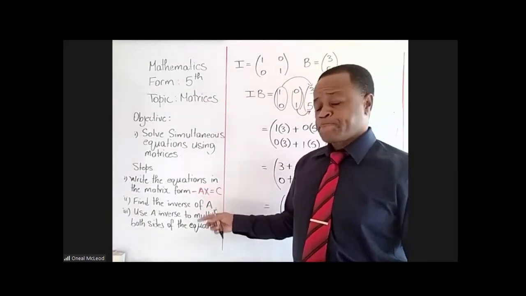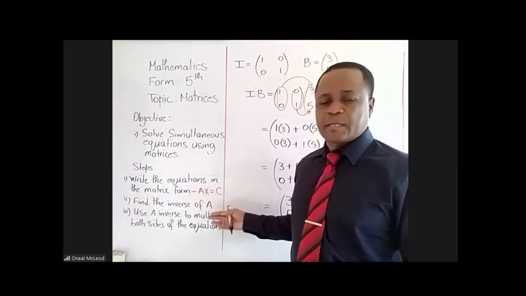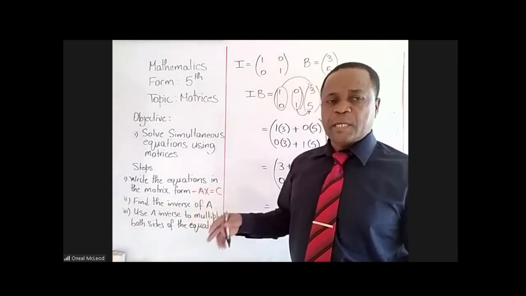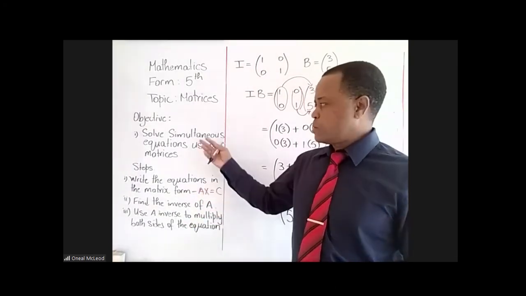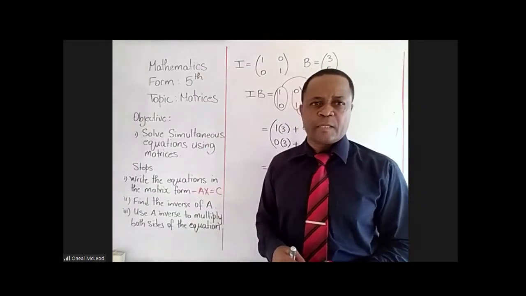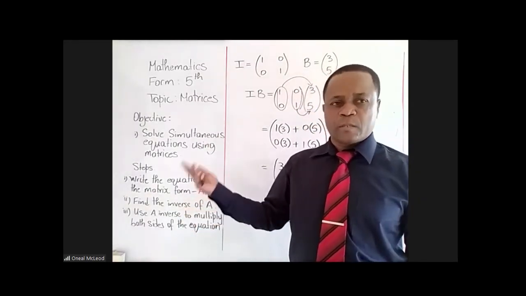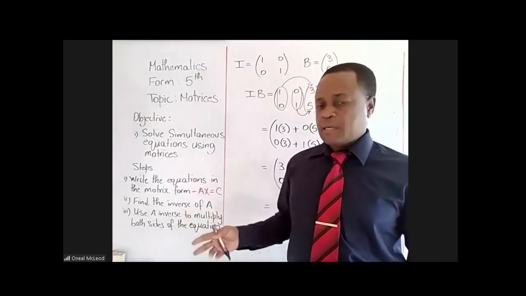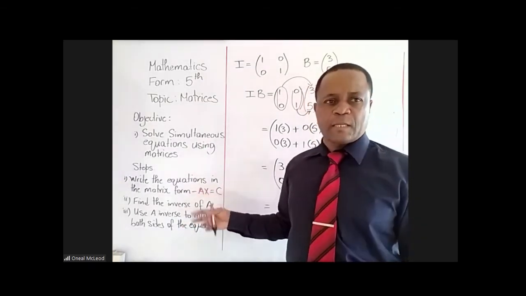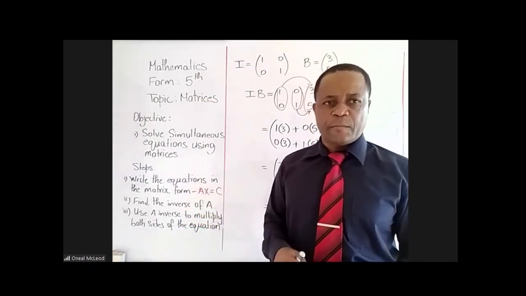Now, there's nothing so special about these letters because they could change them. They could give you a simultaneous equation and say, write it in the form AB equal to K. That simply means that you're going to write it in matrix form.